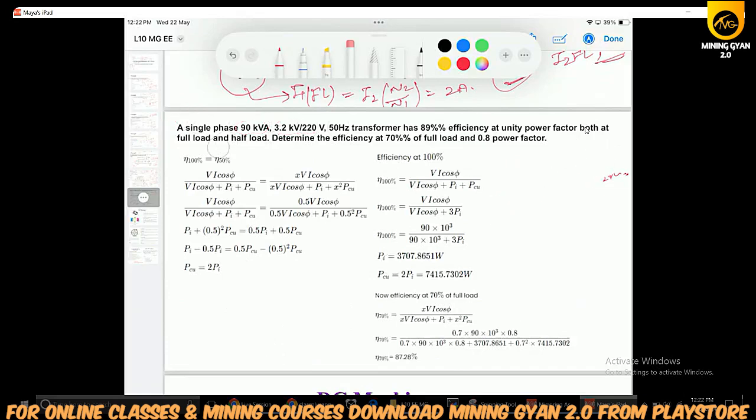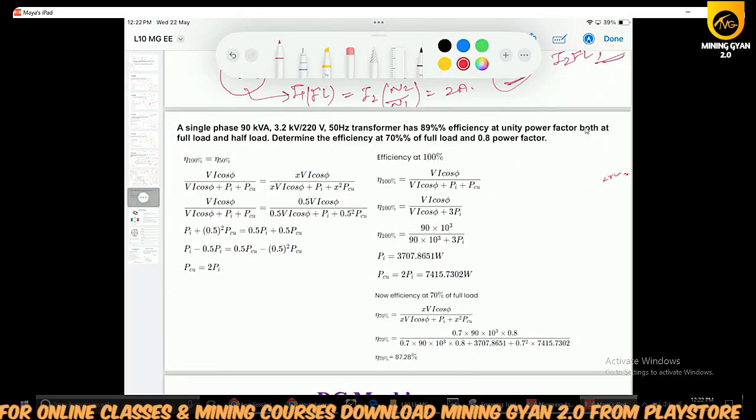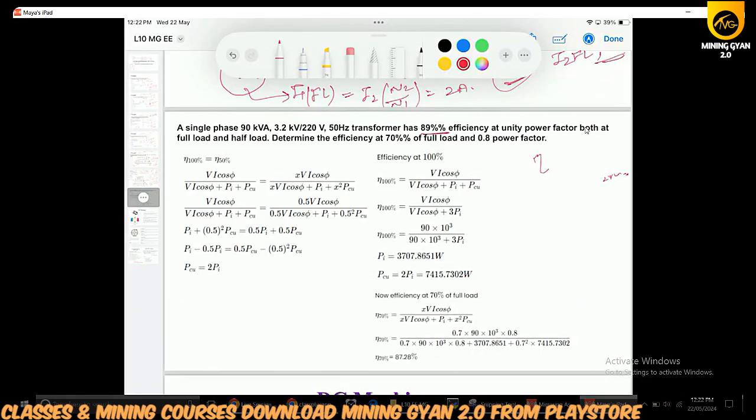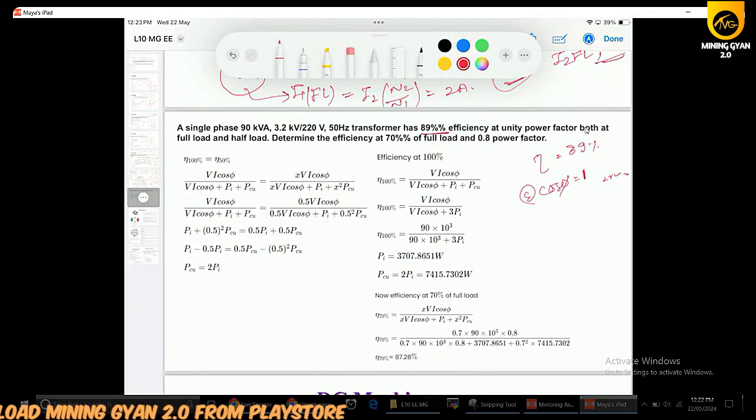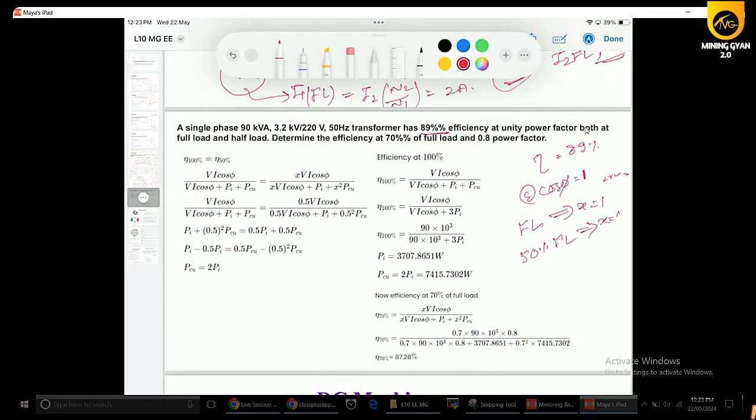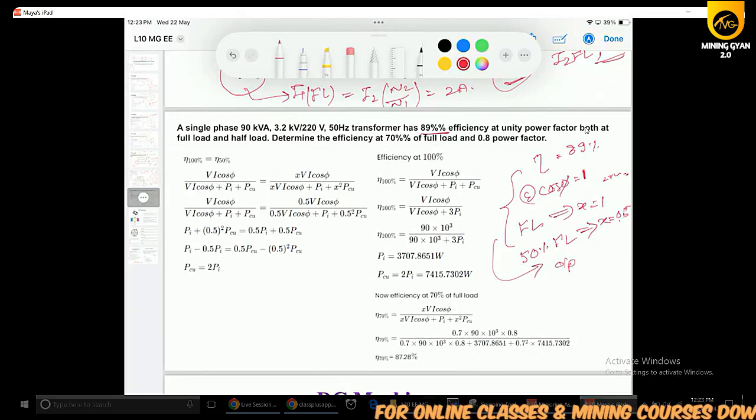After that, what they are asking: this transformer has 89% efficiency at unity power factor, meaning cos phi is unity, in both cases, at full load when x is 1, and at half load, 50% of the load, when x is 0.5. So the efficiency will be 89%. Efficiency means output power by input power into 100.